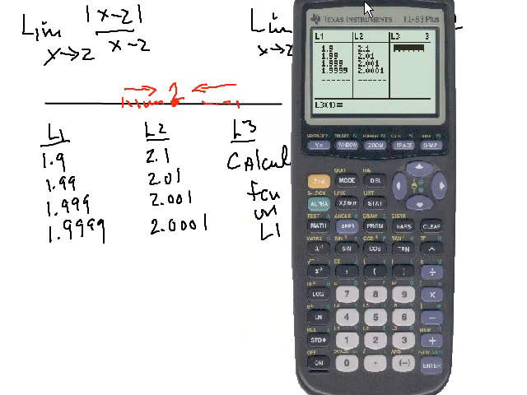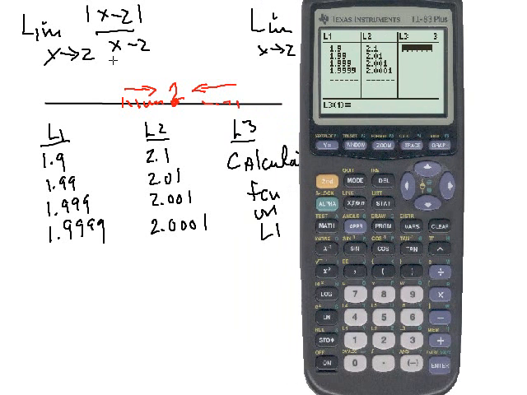Now the third list, remember, we wanted to calculate the value of the function on the first list. So how are we going to do this? Well, this is the absolute value, so we have to put in the function here. So I want to go up to the heading so that we will put in a function in the heading using as an argument the first list, and then it will calculate the values for all of the first list.